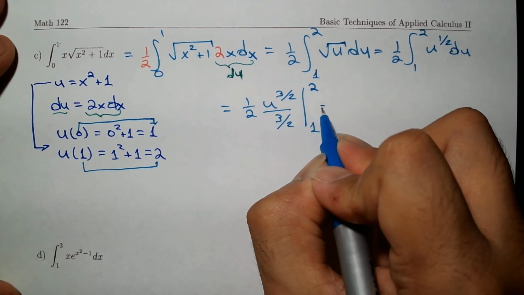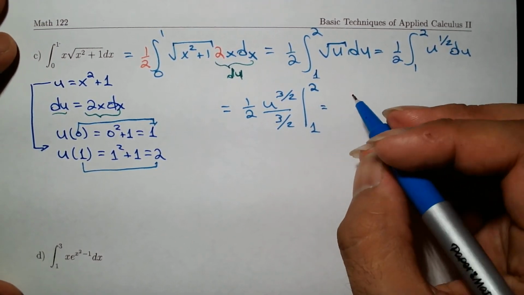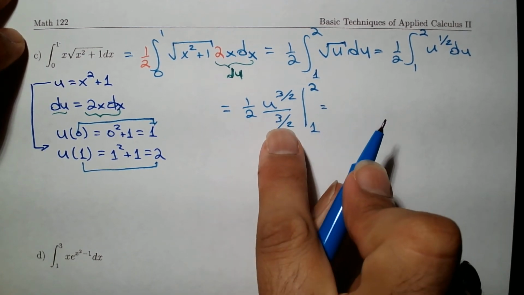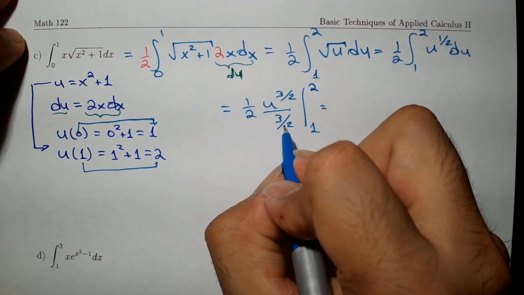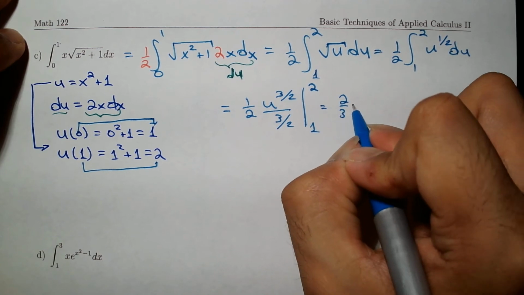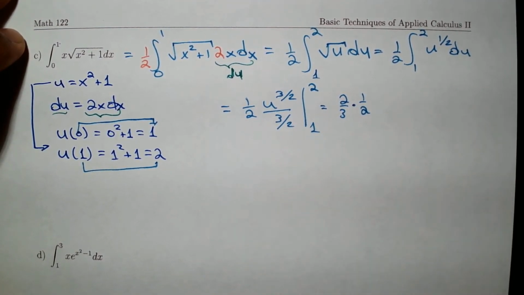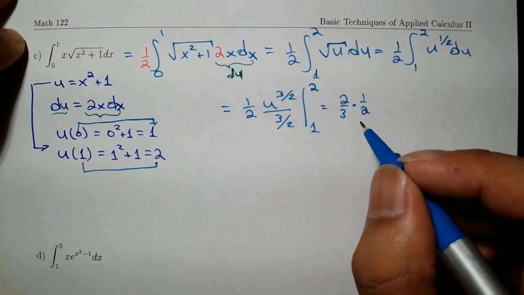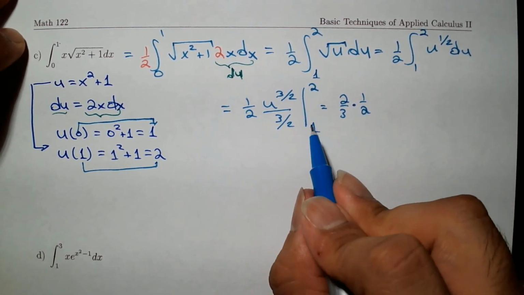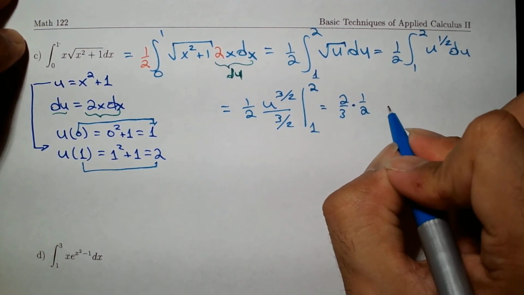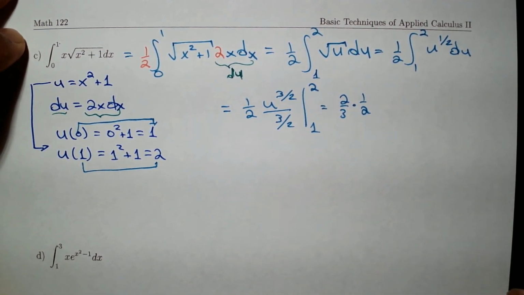So here, let me simplify this before substituting any numbers. First, I'm going to write the 3/2 in the denominator as 2/3 times 1/2. And then I'm going to write this 3/2 exponent in radical form, because we are going to do numerical calculations.